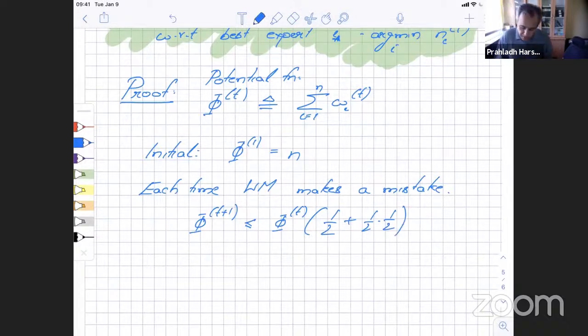So in other words, each time a mistake is made, this potential function drops by a factor of 3/4. Each time the weighted majority algorithm makes a mistake, the potential drops by this much.